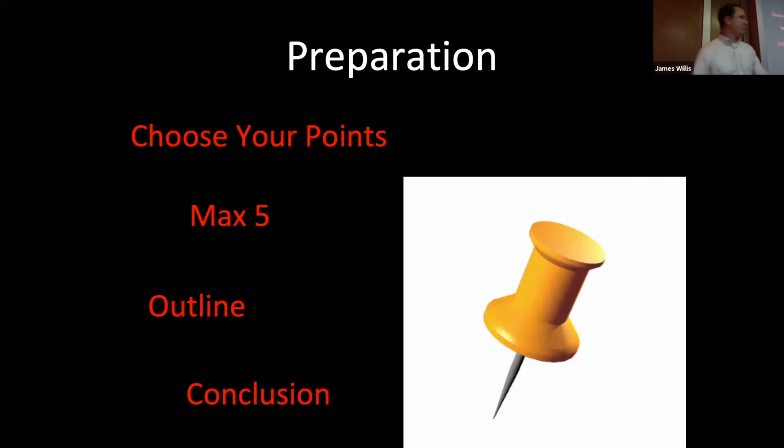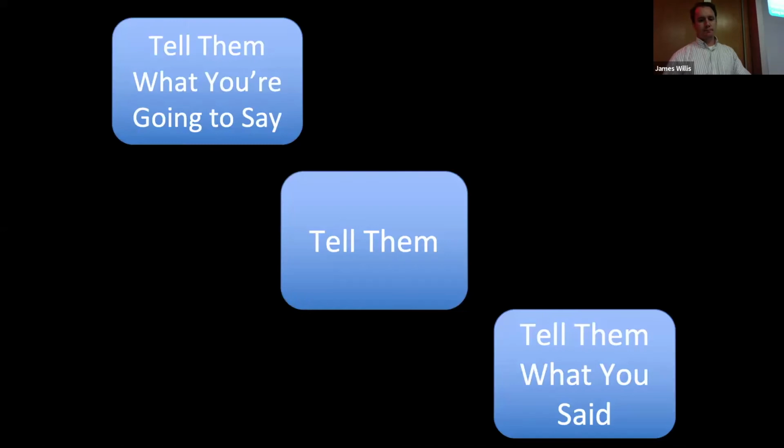So choose what you want your audience to get out of this, your main points. There should really be a maximum of 5. I think the best presentations are usually around 3 points. Then you want to write your conclusion and your outline slide first, and everything else in the middle can come after that. And this really follows the concept of any professional speakers.